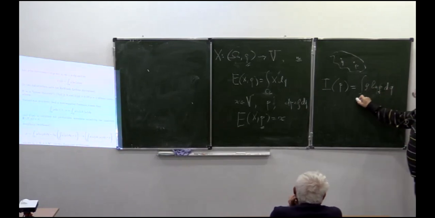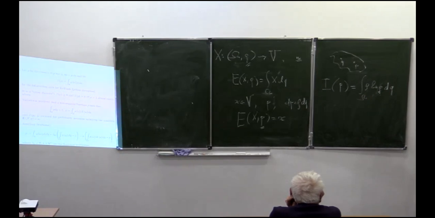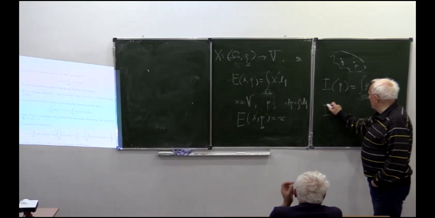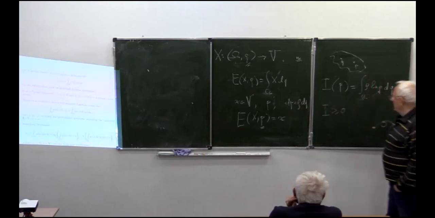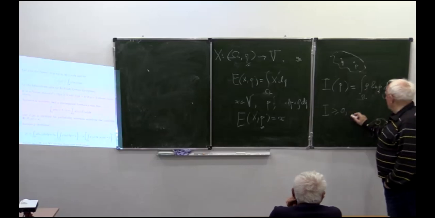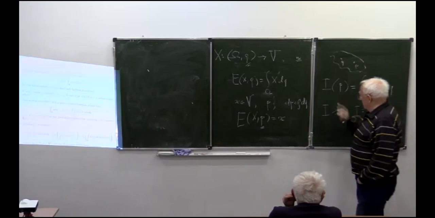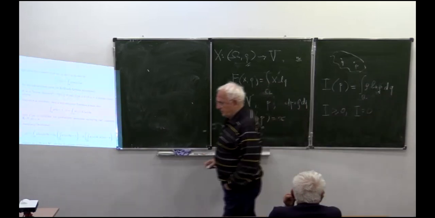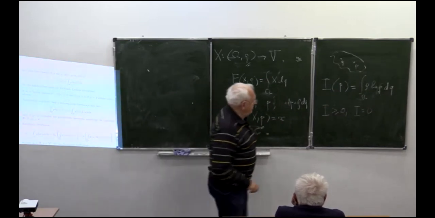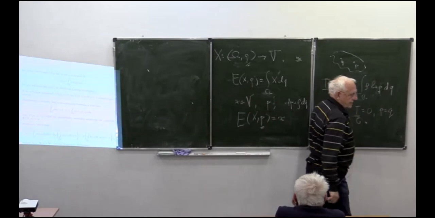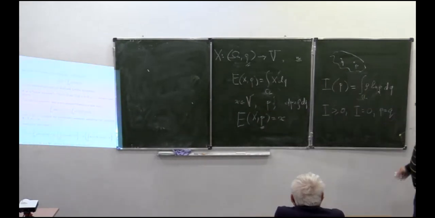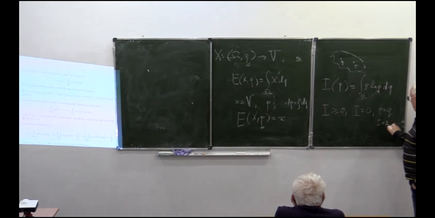So we integrate this, and we get some number. What do we know about this number? First of all, it's non-negative. And the second, if this function equals 0, then it simply means that p equals q almost everywhere, or you can say that simply rho equals 1.